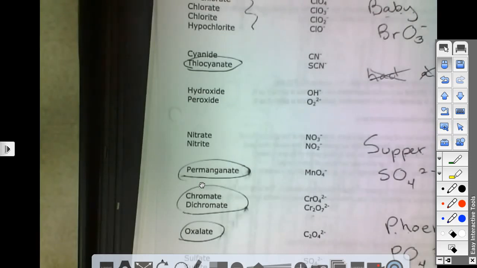The name tells you what's in it, but don't write it out like it sounds. So be nice to your teacher. Don't write that on your paper.